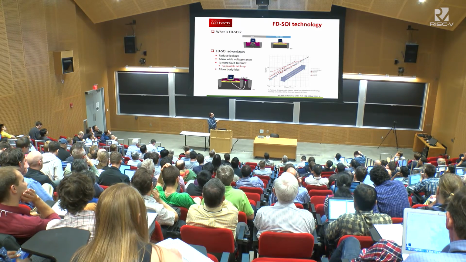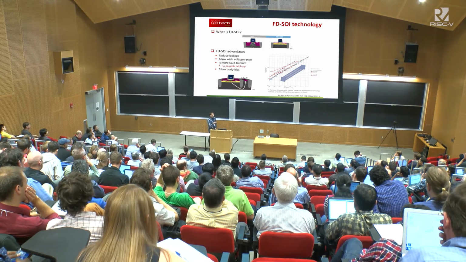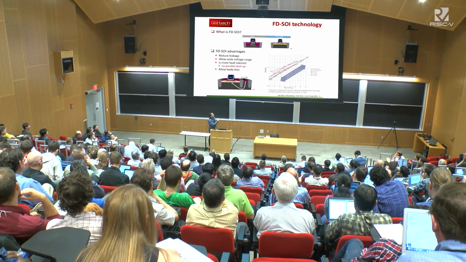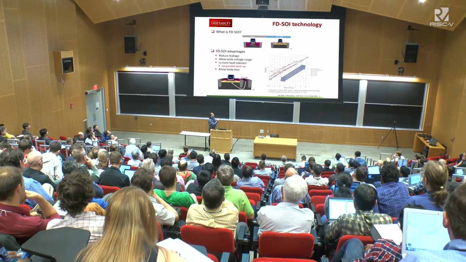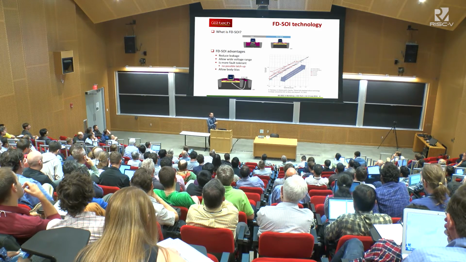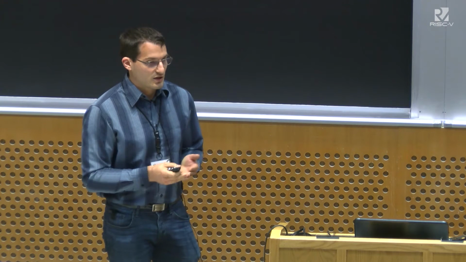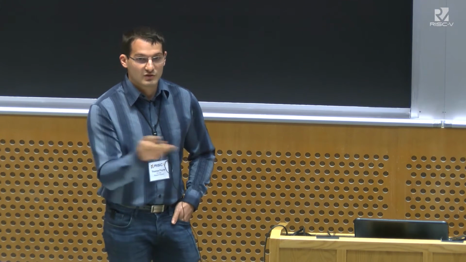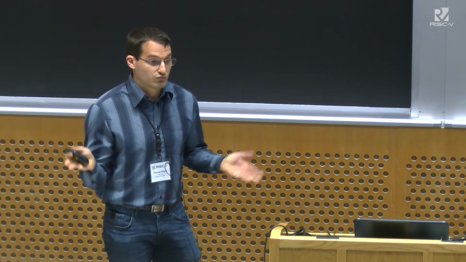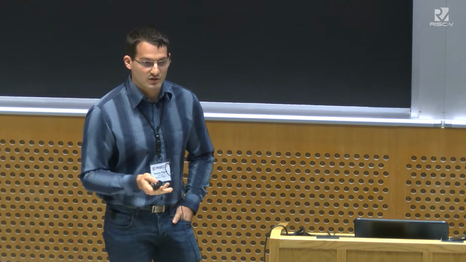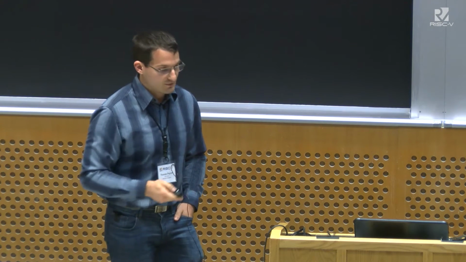And in this figure, we also show that for a certain voltage, for example here, 0.9 volt, when you apply a body bias voltage, you can move to this point and gain 10% of performance. So that means that with the same voltage, for every transistor, by applying body bias, you can improve performance or decrease leakage.